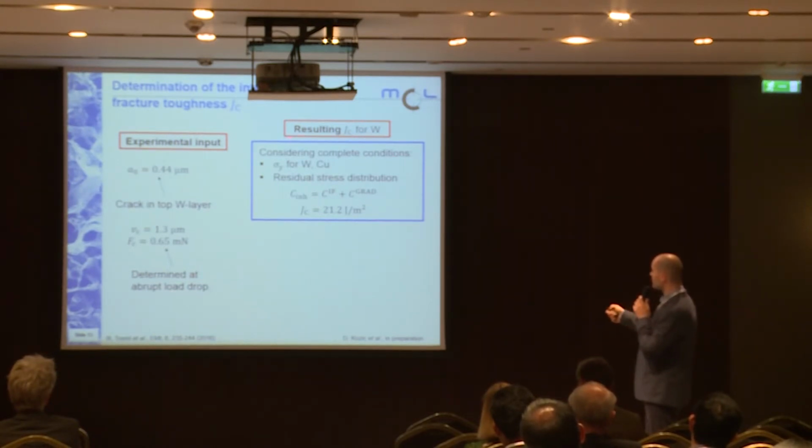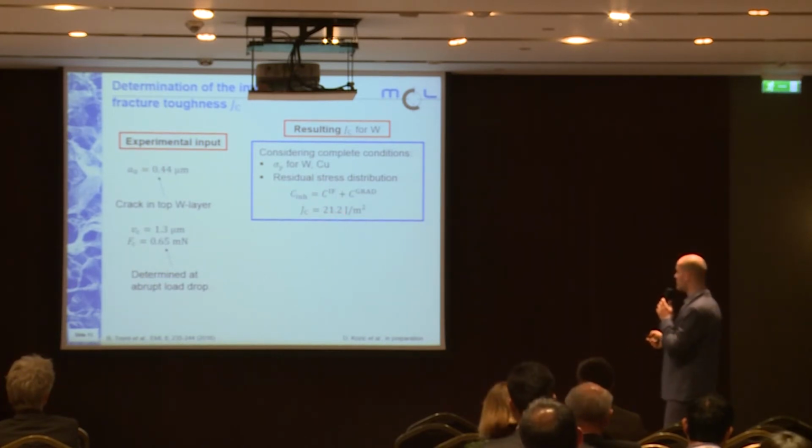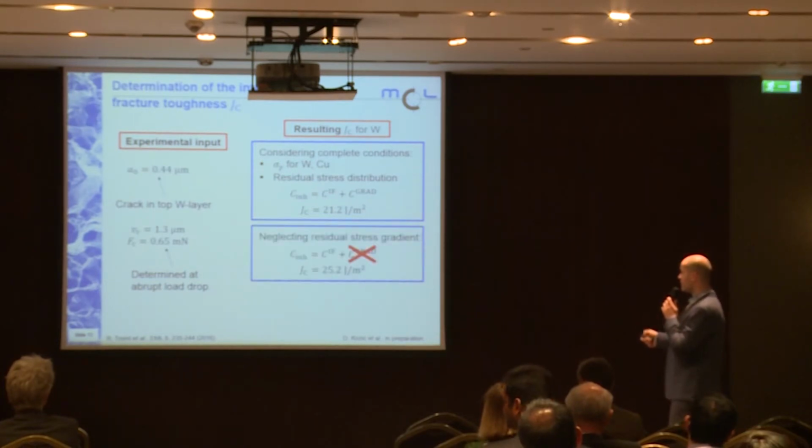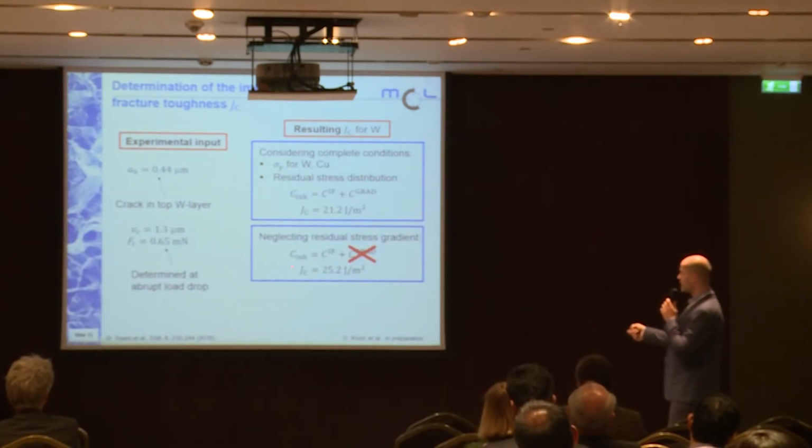If we consider the complete conditions, meaning that the flow behavior of the two materials and the residual stress distribution are considered, the C inhomogeneity term is the total of the interface term and the gradient term. We determined a value of 21.2 joule per square meter for the critical J value. But if we neglect the residual stress gradient inside the layers, we calculate 25.2 joule per square meter.